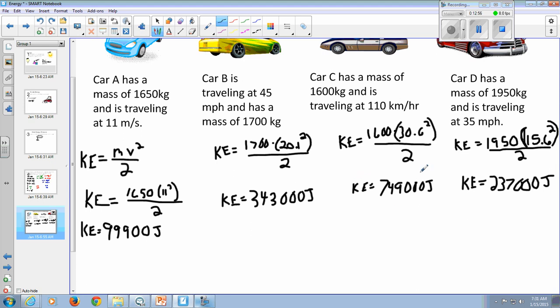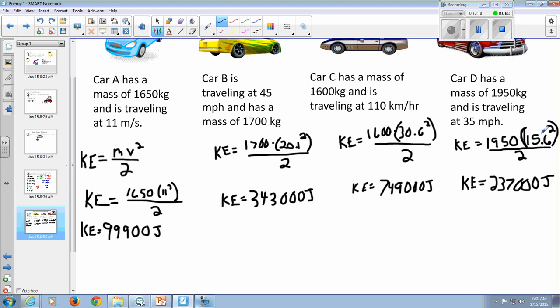So it's much more efficient. If you want to change something's kinetic energy, or give something a higher kinetic energy, increase its velocity before you increase its mass. Because if you look at car D, that's the most massive of the 4 objects.